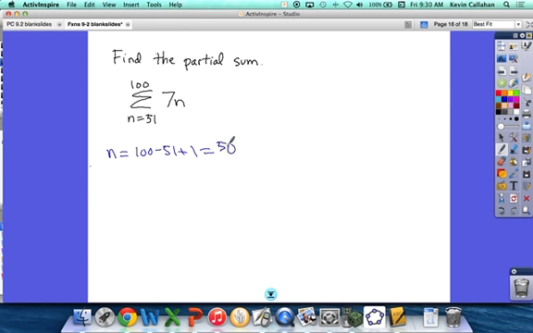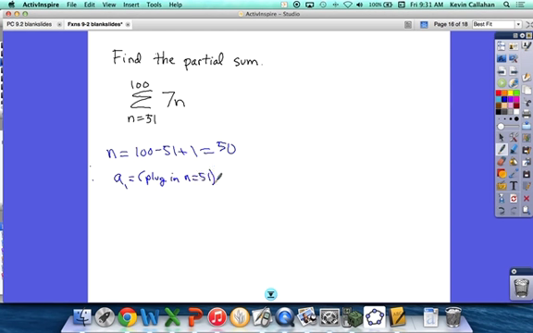Okay, now the first term in the formula, it says a1, and we understand that to mean the first term. Now the first term in this sequence is not generated by plugging in n equals 1, is it? You plug in 51 to get the first term. So in a way, that a1 is in quotation marks. It means first term, whatever it is you plug in to get the first term. So in this case, we're going to plug in n equals 51.